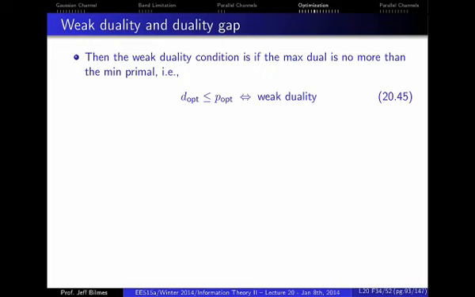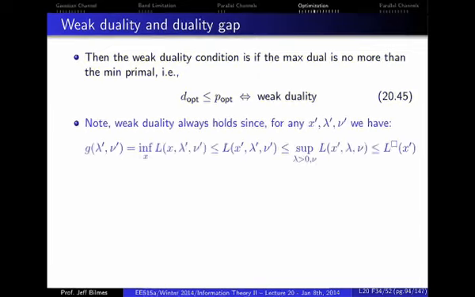Now, if it's not clear to you why that's the case, I think the next few equations will explain it. Let's take any value of x prime, lambda prime, and nu prime. Any value. And look at this Lagrangian here.